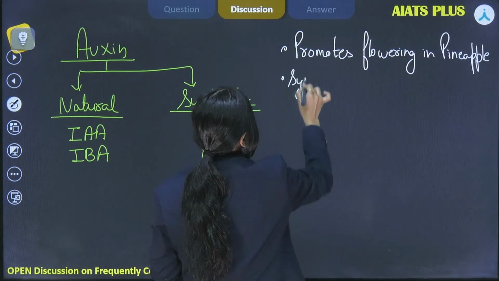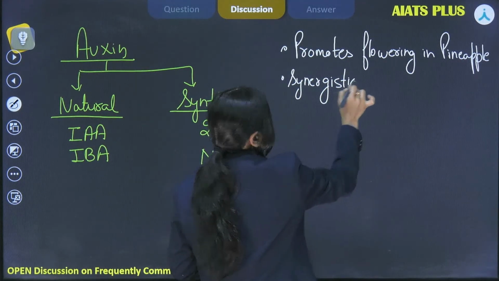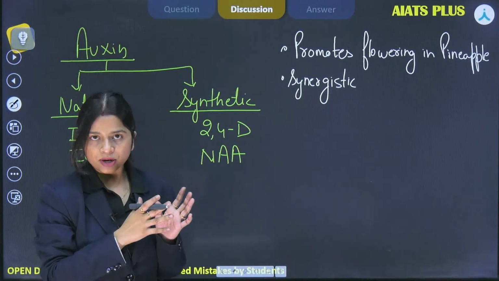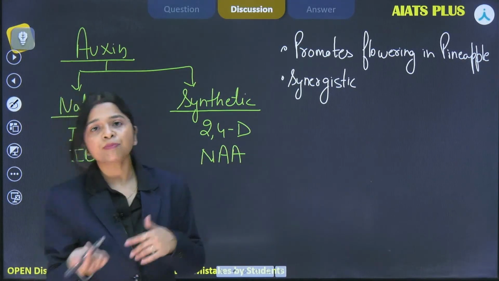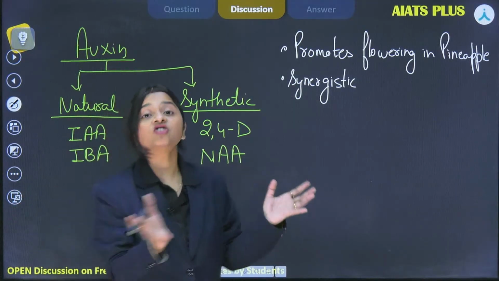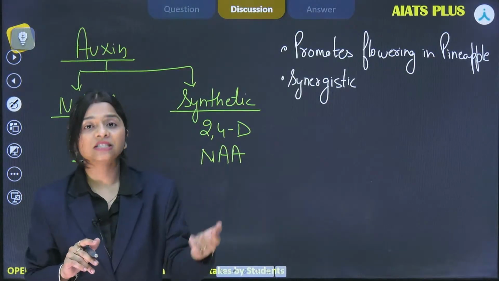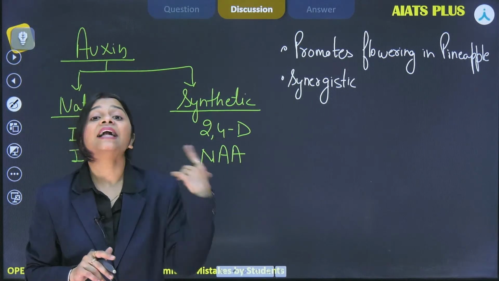And it shows a synergistic effect. Synergistic effect means if one hormone is performing some function, the other hormone is also performing the same function. That means they are synergizing, they are performing the role together. So that is the synergistic effect. And the opposite is the antagonistic effect.